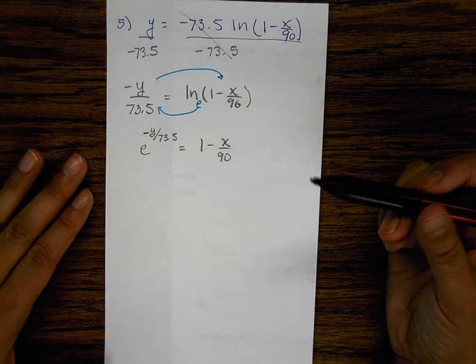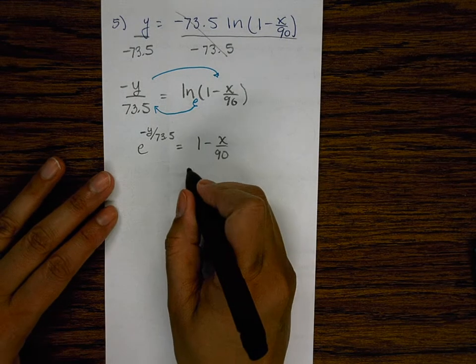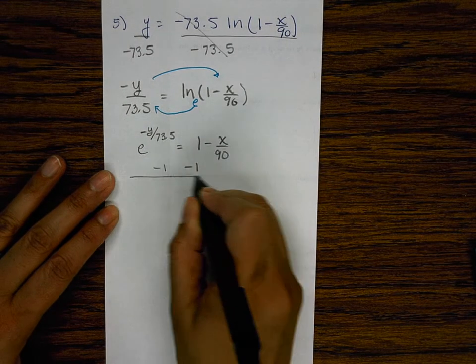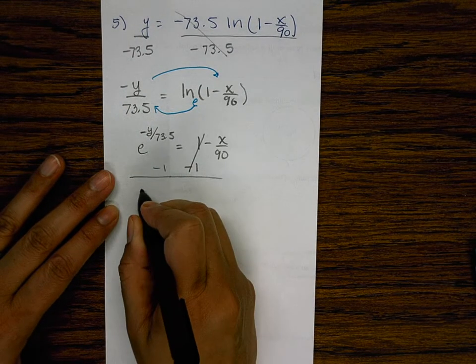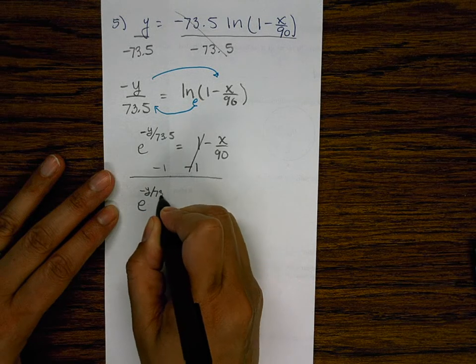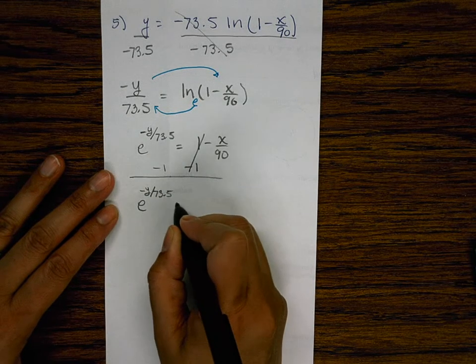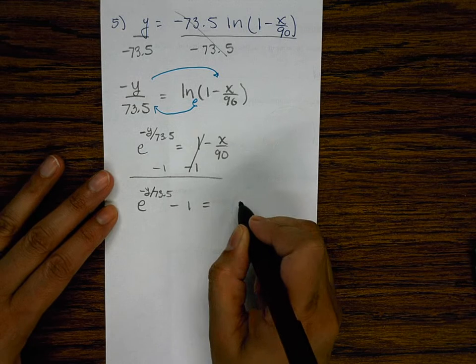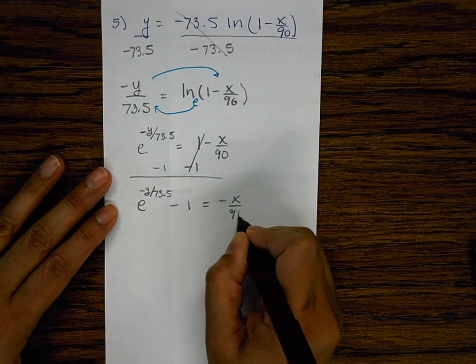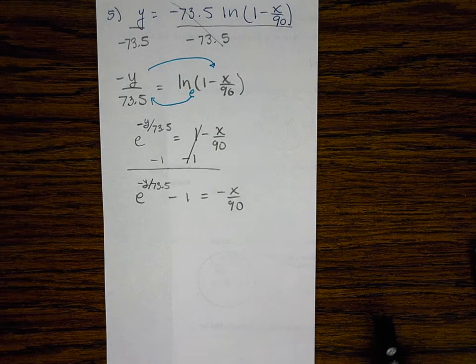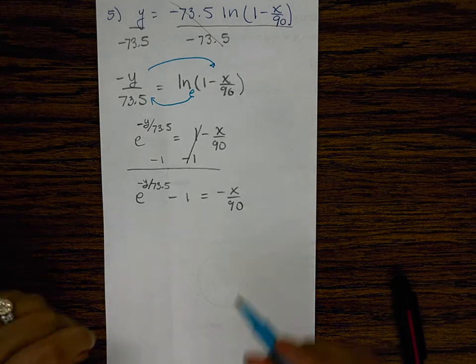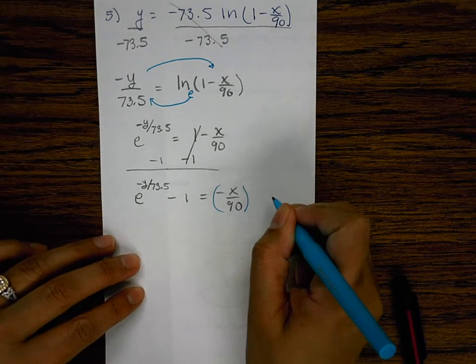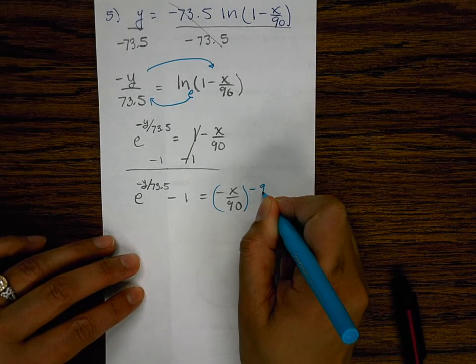Okay, so I now have this, and I'm trying to get x by itself, so I'm going to subtract 1. e raised to the negative y over 73.5 minus 1 equals negative x over 90. And then I'm going to multiply both sides by negative 90.